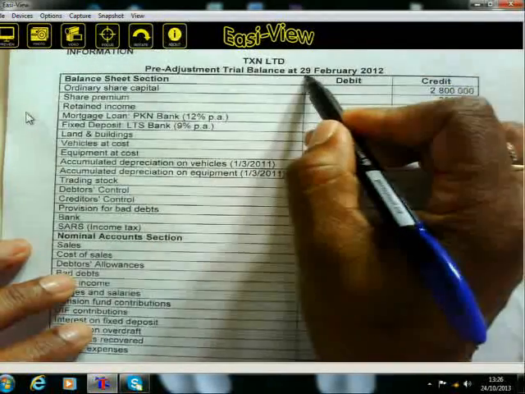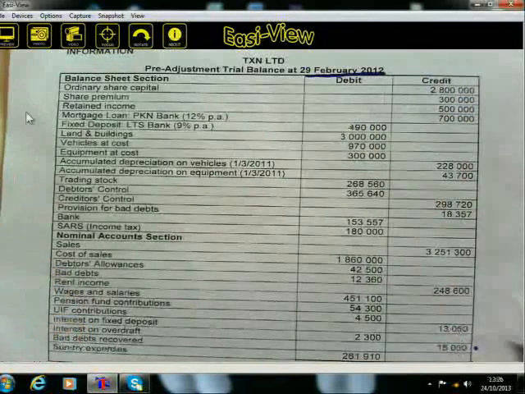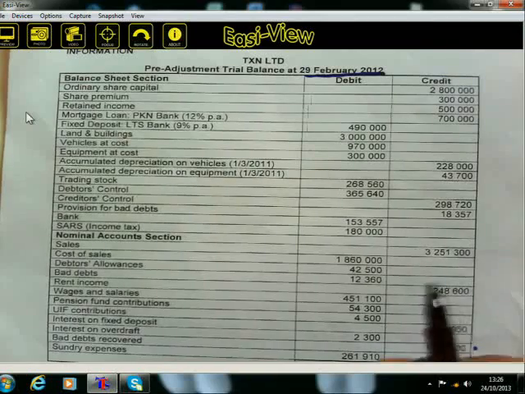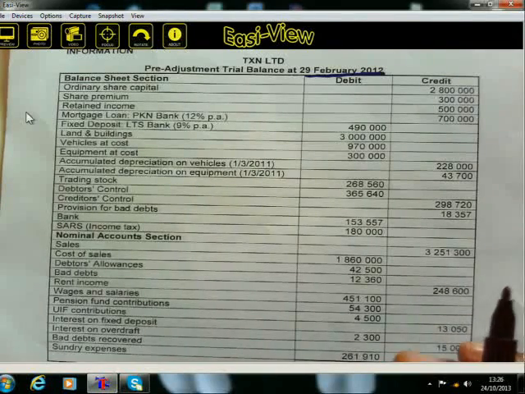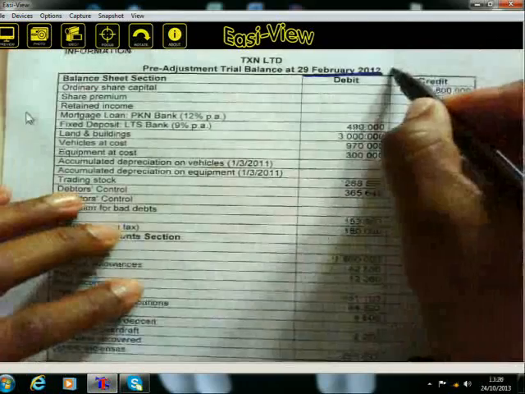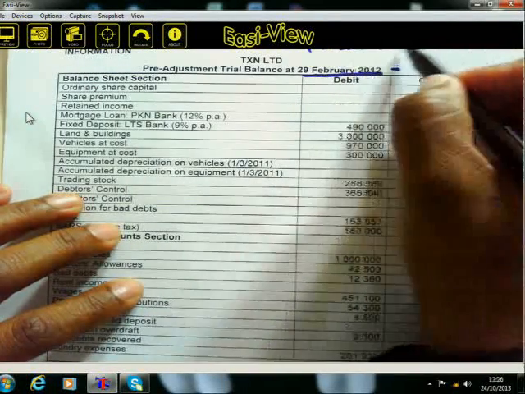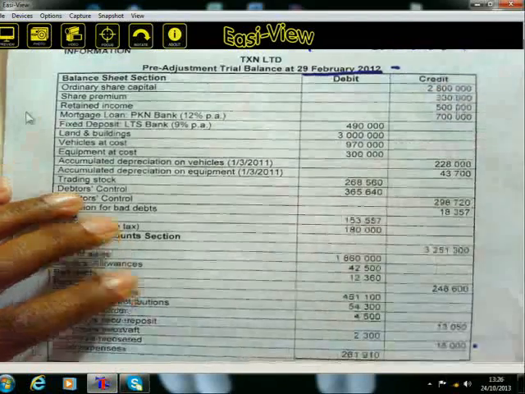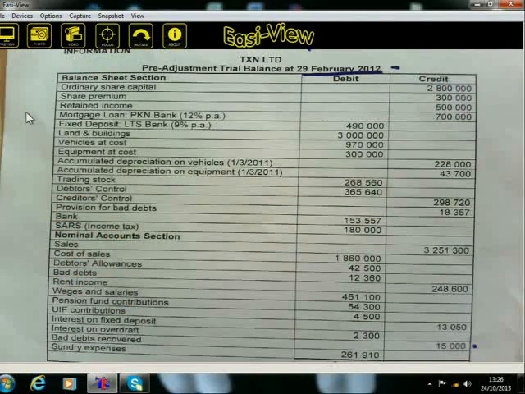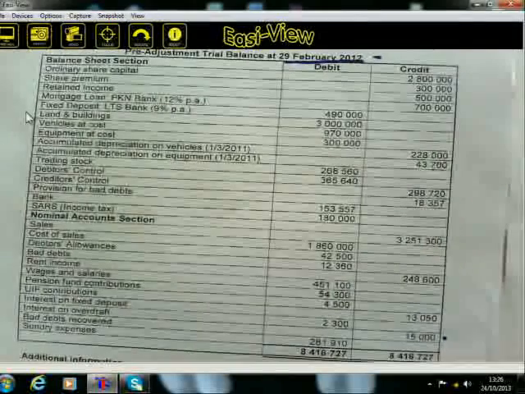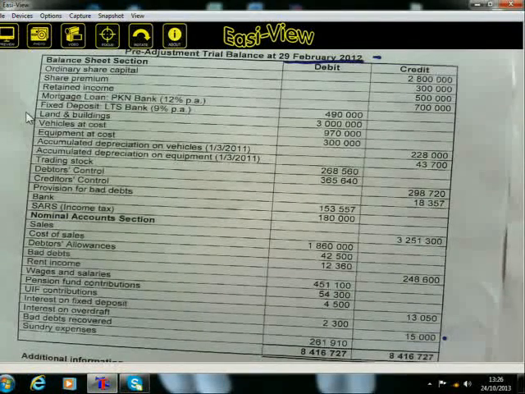As you can see here, this accounting period ends on the 29th February 2012, which means if I count 12 months backwards, it started on the 1st of March 2011. So whatever occurrences happen during this accounting period, I must also take them into consideration.